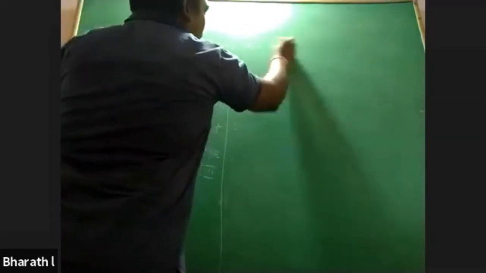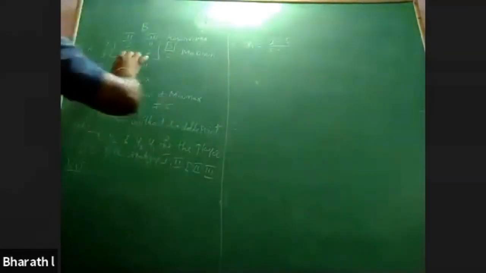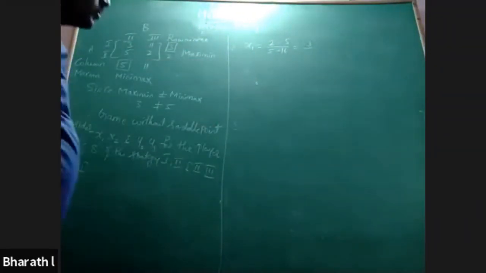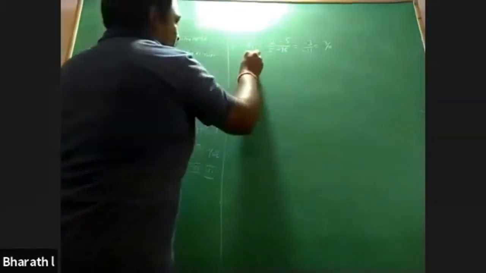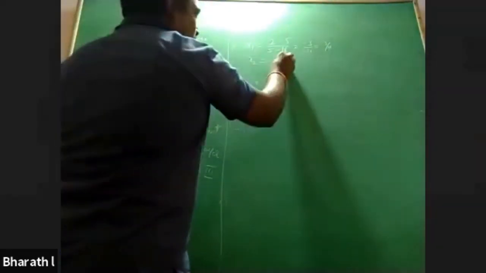What is x1? Calculating x1: 2 minus 5, divided by 3 plus 2 is 5, minus 5 plus 11 is 16. We'll get minus 3 divided by 16 minus 5, which is minus 11, so we get 3 by 11. The next x2 value is 1 minus x1.